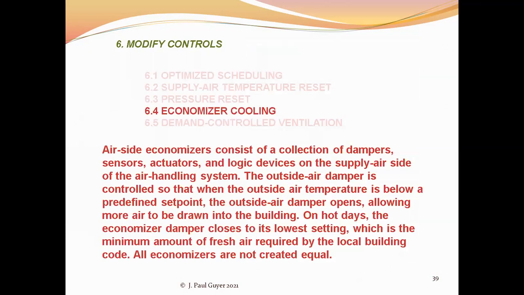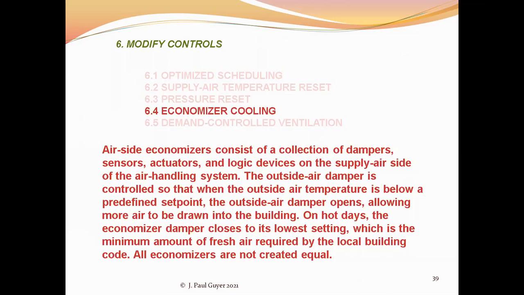Economizer cooling: if your system does not have an economizer system on it, this is likely to be a good opportunity. It usually can be implemented at a relatively reasonable cost because what you're dealing with is typically just ductwork modifications with dampers and controls.